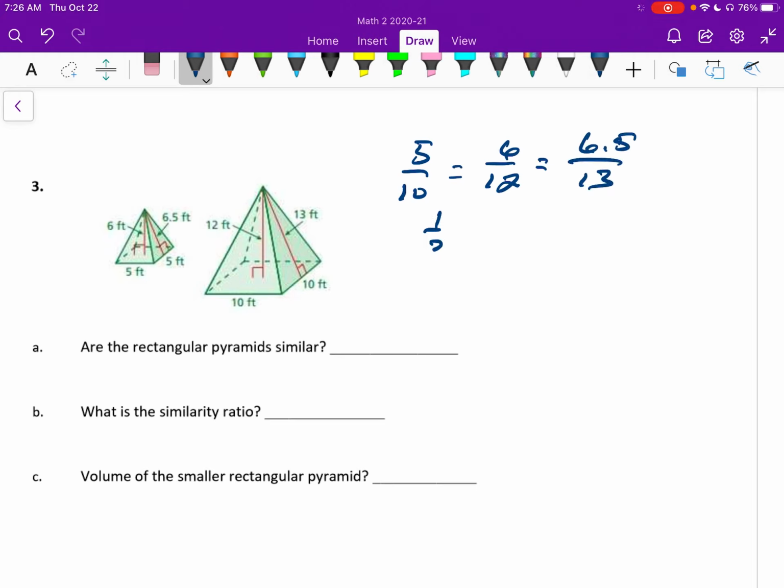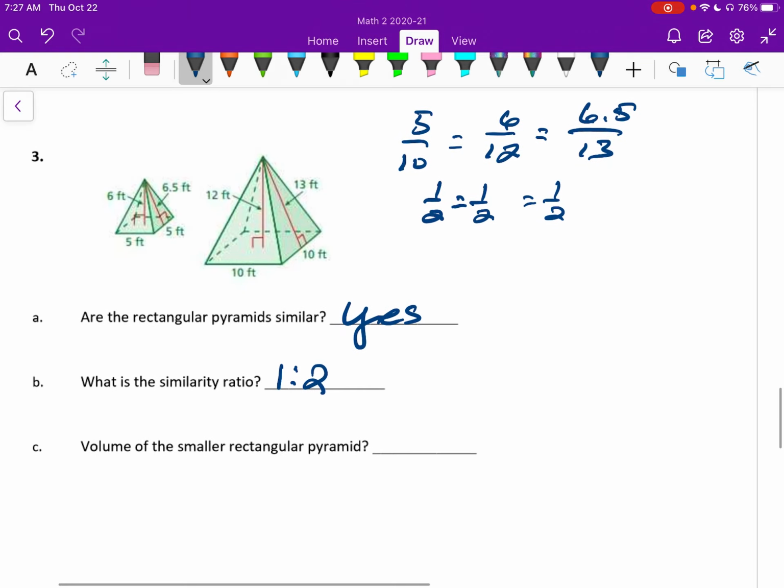All of these are 1/2. Right? So we're going to say yes, they are similar. I think I already said this, but a contingent to all of these rules is that they have to be similar. So the similarity ratio would be 1 to 2.